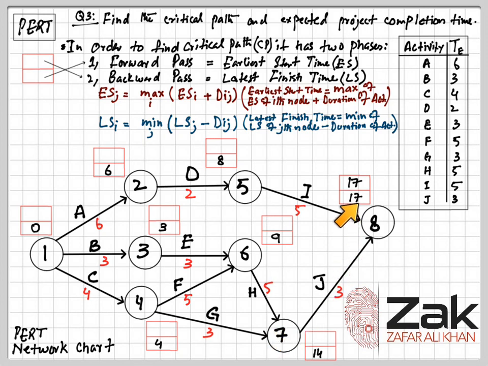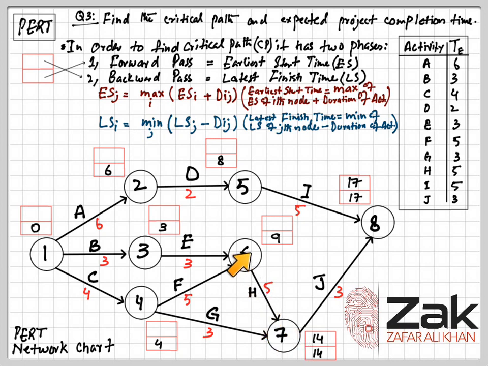So 17 minus 3, that is 14. Now for node 7, we have the latest finish time 14.